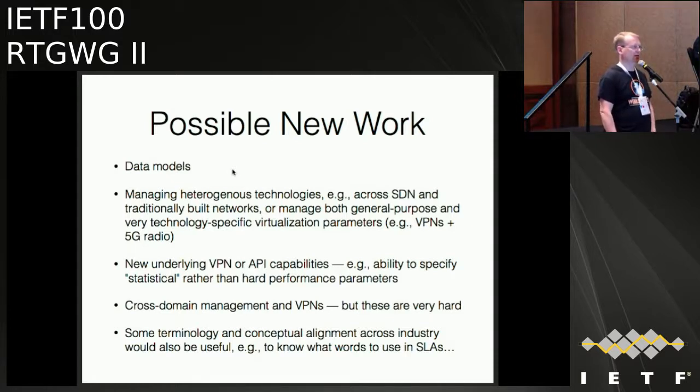But there's probably some likelihood that a truck passes through the beam or something, and for a few seconds we can't actually provide that. So being able to provide guarantees that are softer or statistical might be a useful thing to have.